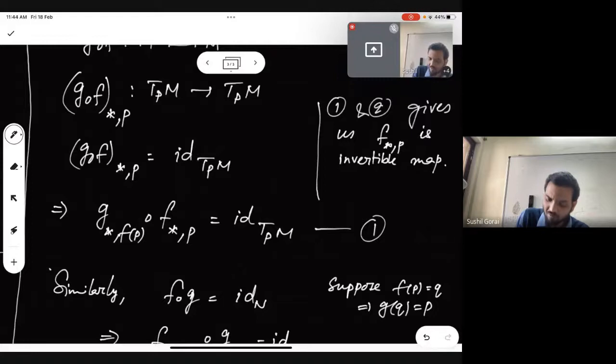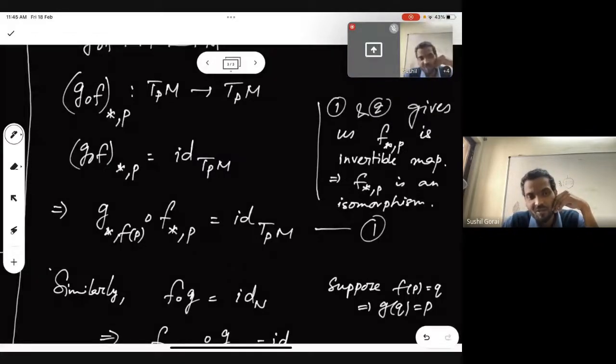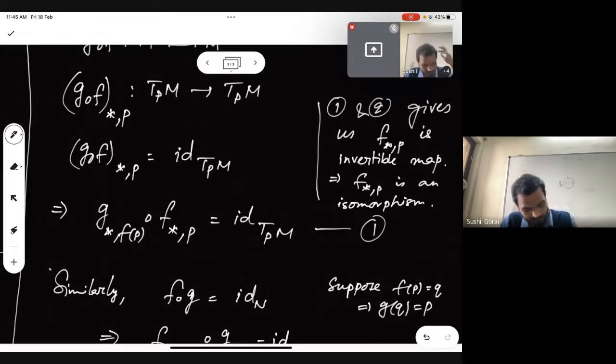So that gives you that it is an isomorphism. All right, an isomorphism between vector spaces, because the linearity part is clear. That we have not shown here, but you can check easily. Any question till now?